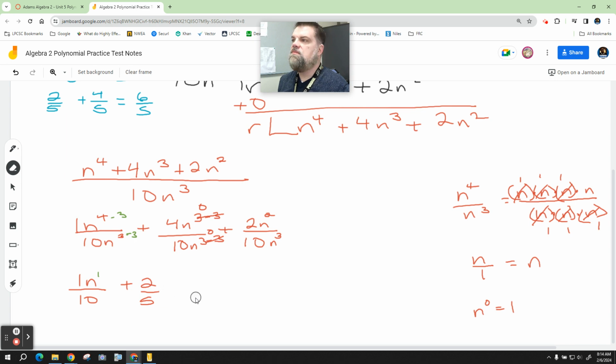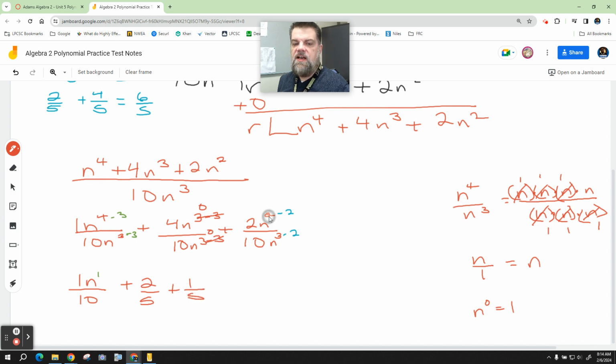Does that make sense? Now on this next one, the shortcut is the same thing. We're just going to subtract 2 because 2 is the smallest power, right? And whatever I do on the top, I have to do to the bottom. Also, we have to reduce the 2 over 10. What does 2 over 10 reduce down to? 1 over 5.